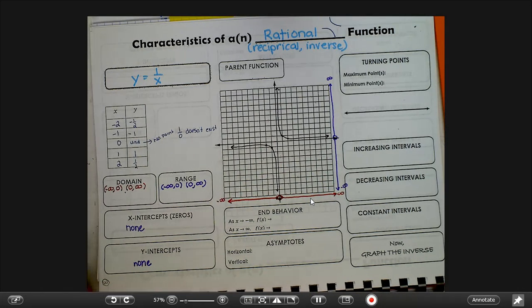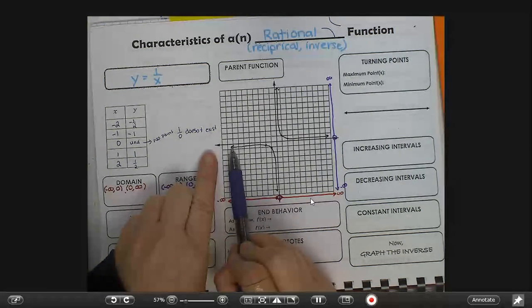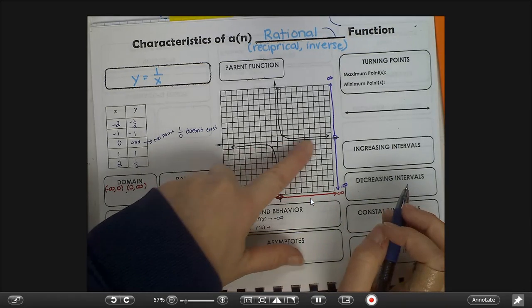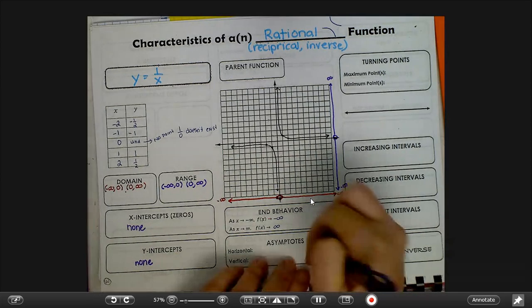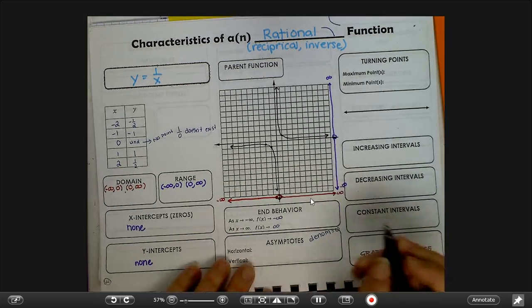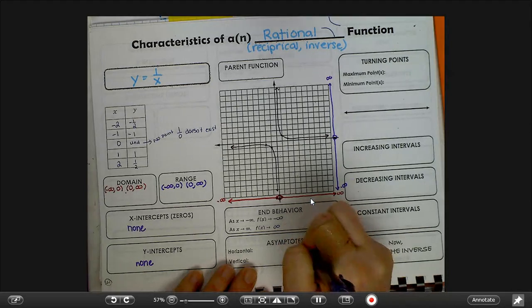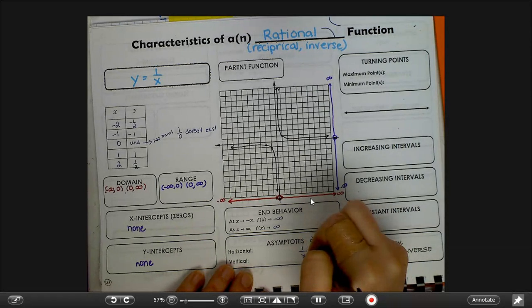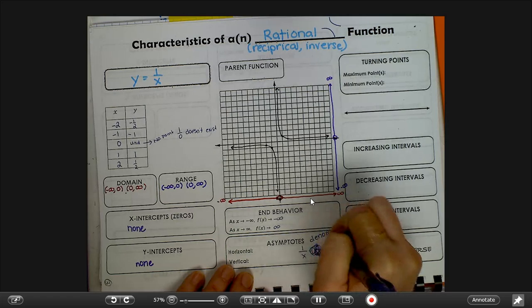End behavior. As x approaches -infinity, this graph is approaching -infinity. As x approaches +infinity, the graph is approaching +infinity. And this time there are asymptotes, because there's asymptotes when the denominator equals 0. So to find them, 1 over x, 1 over 0. You're just going to take the denominator and set it equal to 0.